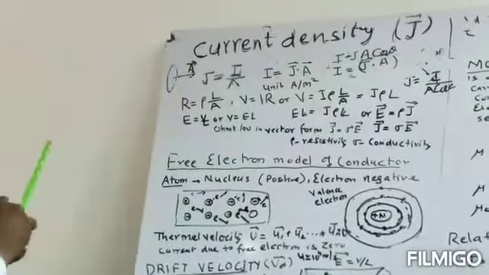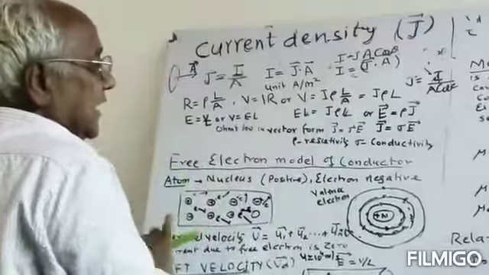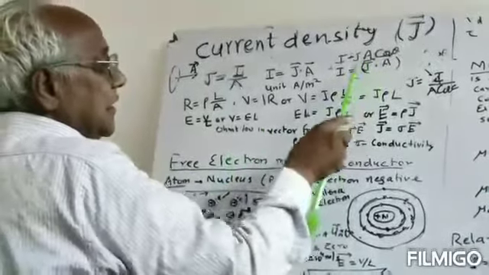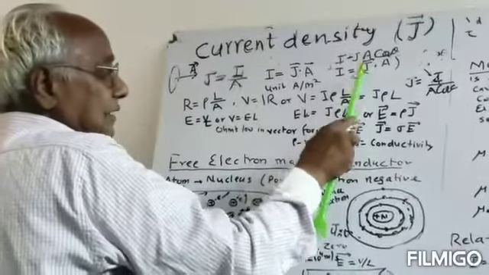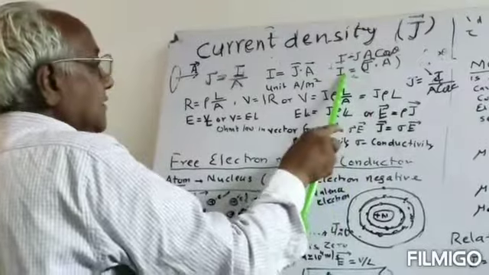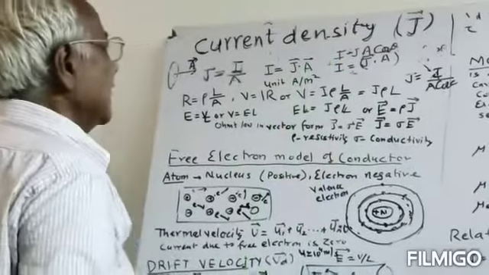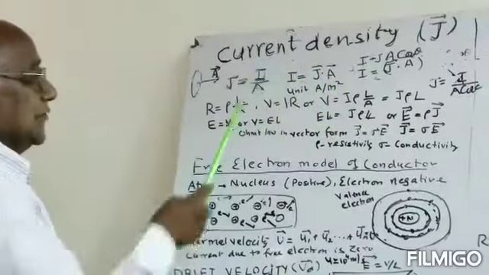So the current is a scalar quantity, the area vector is a vector quantity, and current density is a vector quantity. The scalar product of current density and area vector is I. So we can write I is equal to J dot A. Now what will be the unit of J?